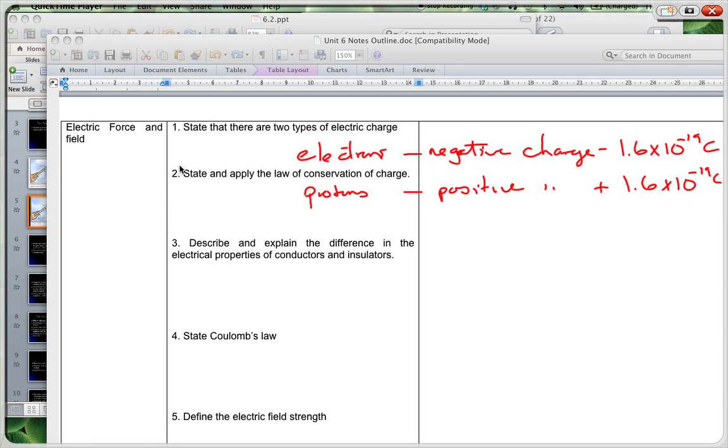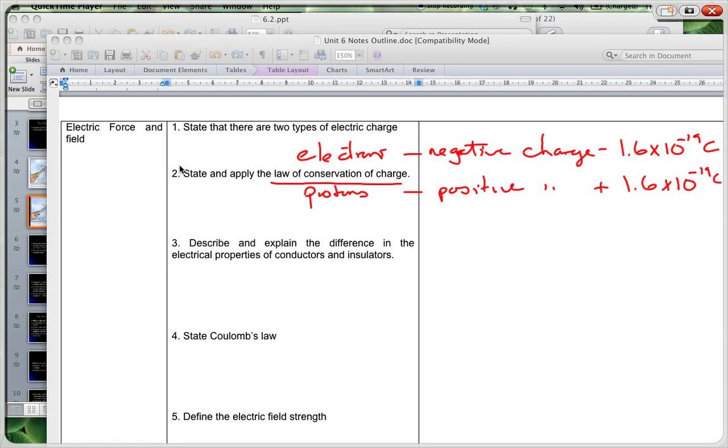Now, the idea with the law of conservation of charge is that, generally, charge can neither be destroyed nor created, but it is conserved. Now, this is not totally true. You can get the making of charge, but when you make charge, if you make a positive particle, you'll always have to correspondingly make a negative particle so that you get conservation of charge.